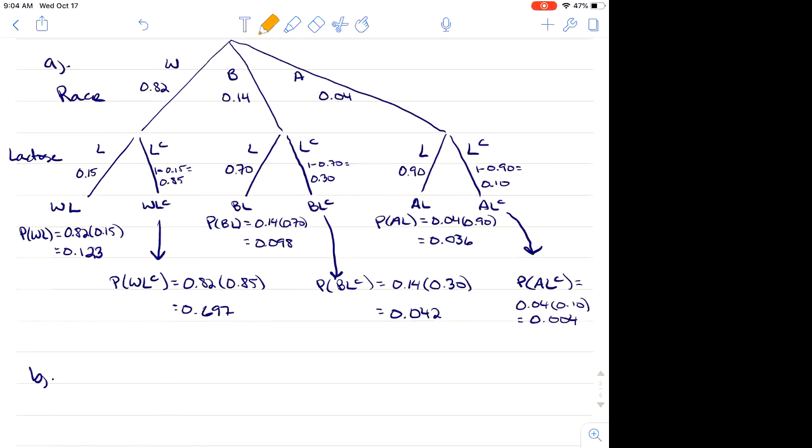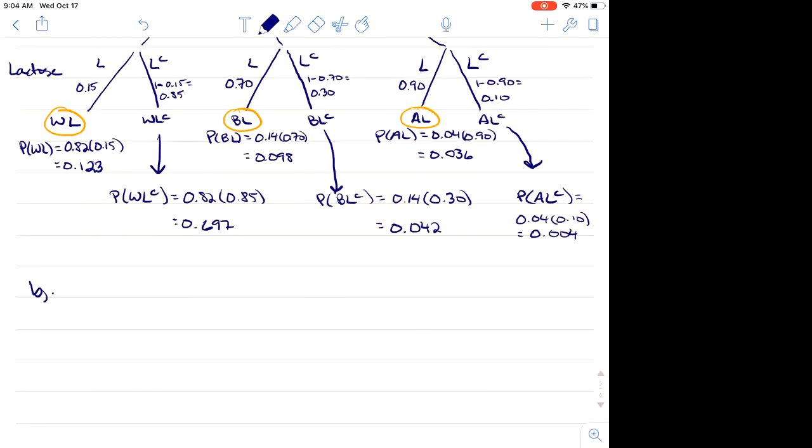And so we want to figure out which ones have an L in there, because those are the lactose intolerant people, and then we can just add them up. So for part B, we can just say, we want to get these guys, and these guys. They're all lactose intolerant.